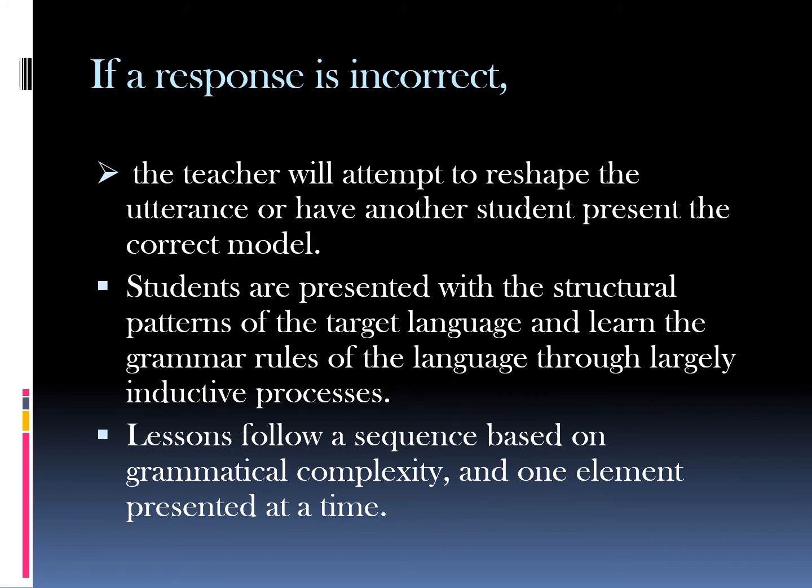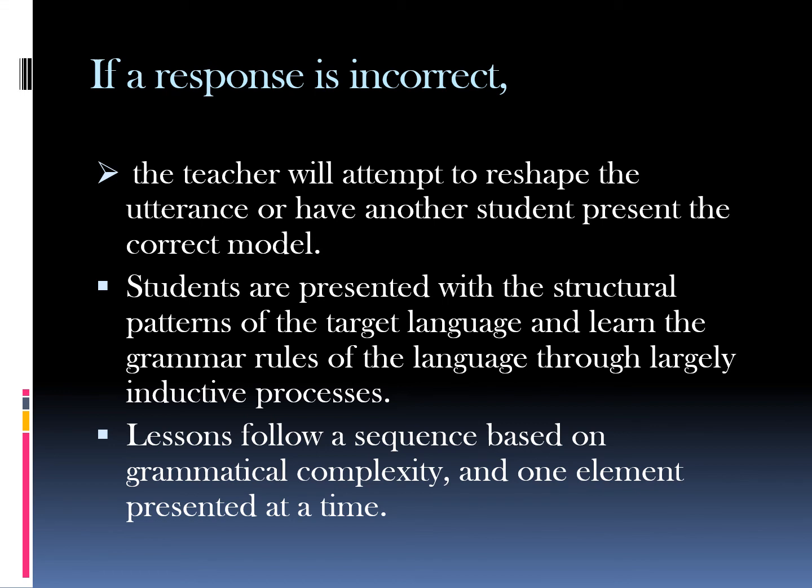If the response of the student is incorrect, the teacher will attempt to reshape the utterance or have another student present the correct model. Students are presented with structural patterns of the target language and learn the grammar rules of the language through largely intuitive processes.